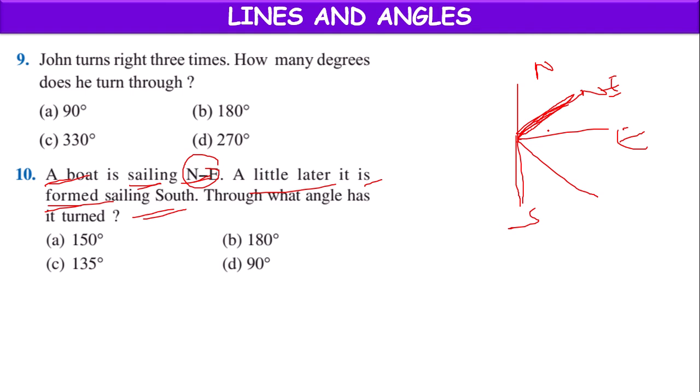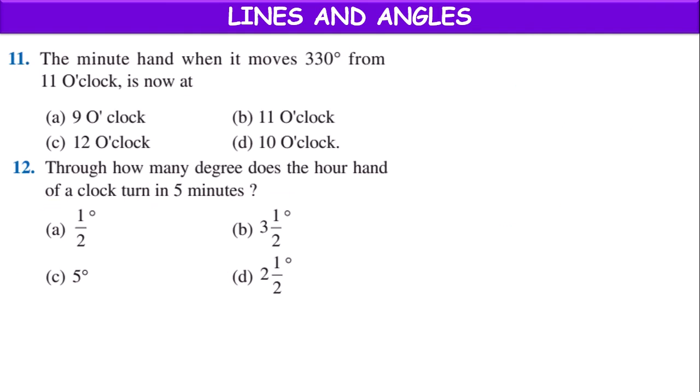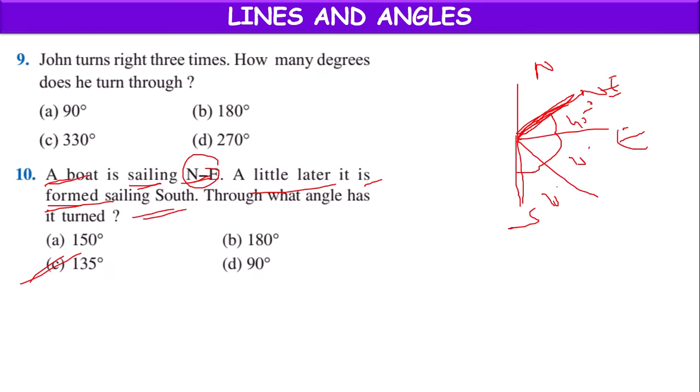So through what angle it has moved means here one part, second part, third part. Each small part is equal to 45 degrees. 45, 45, 45, which is equal to 135 degrees.